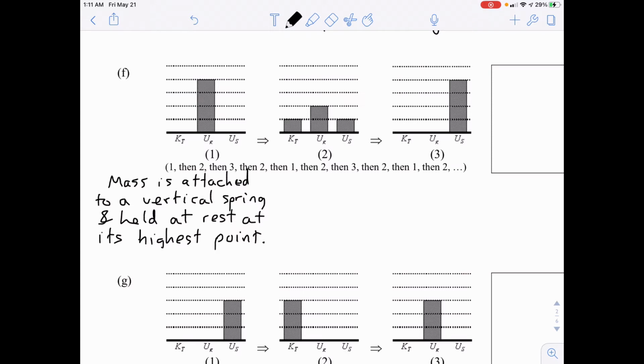Now, if you look, the potential energy cuts by half, which means the height cuts by half. So now the mass has fallen half the way down.